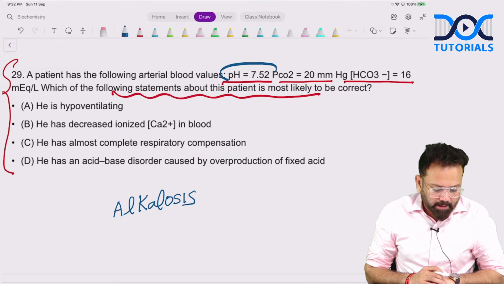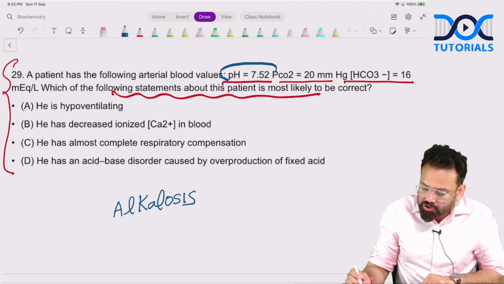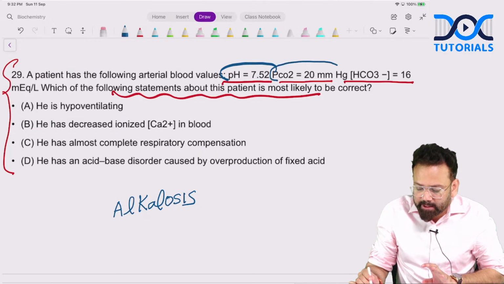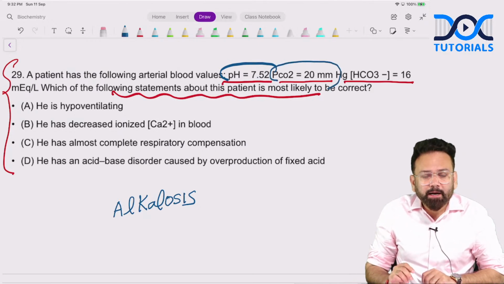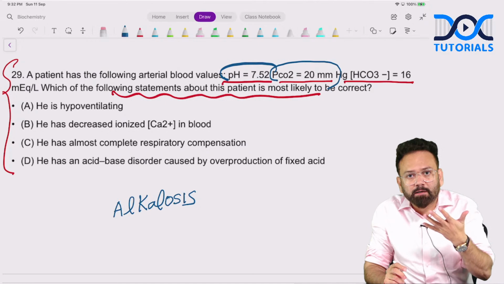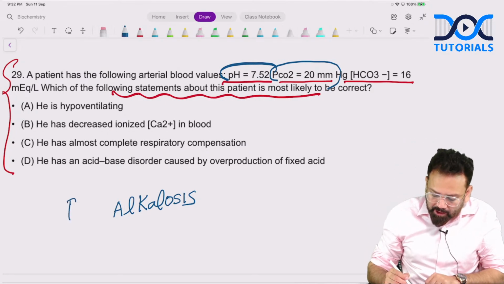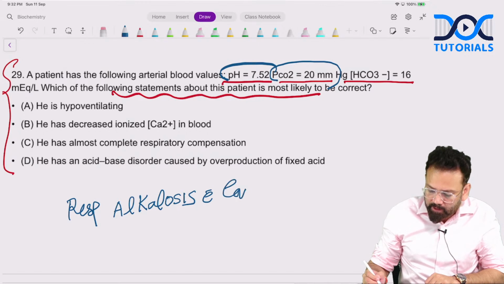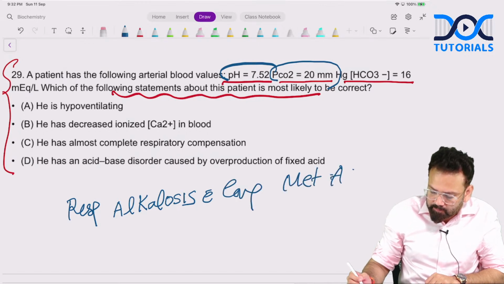Harshita Mali, you are correct. See, carbon dioxide is normally 40, but here it is only 20. It means there is washout of the carbon dioxide. So it is respiratory alkalosis with compensatory metabolic acidosis.